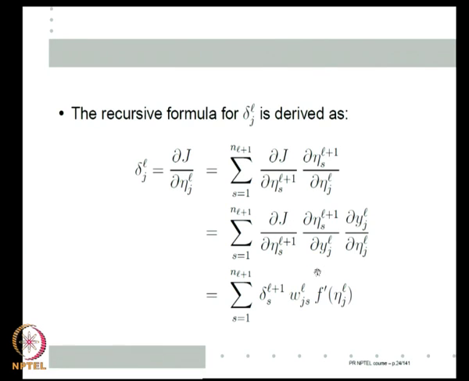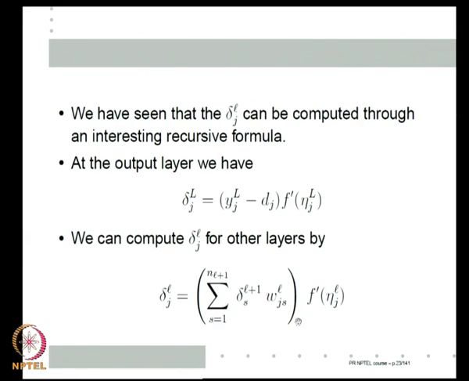Because the net input into any node in layer L plus 1 is a linear combination of the outputs of layer L, I get that weight here. And the output of a node is connected to its net input by the activation function, so this partial derivative gives me the derivative of the activation function. This is how we derived the recursive formula.